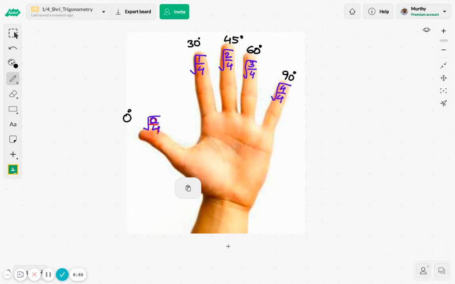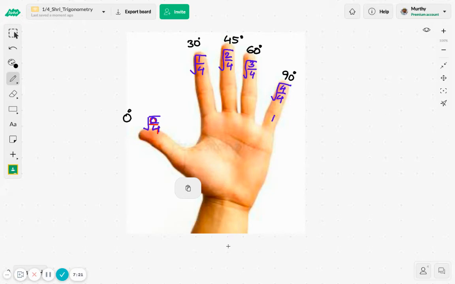Of course, I never wrote on my fingers, but suppose someone asked me the value of sine 90, I used to think 0 over 4, 1 over 4, 2 over 4, 3 over 4, 4 over 4. The last finger is sine 90, therefore that gives me 4 over 4, that is 1, square root of 1, so the answer is 1.